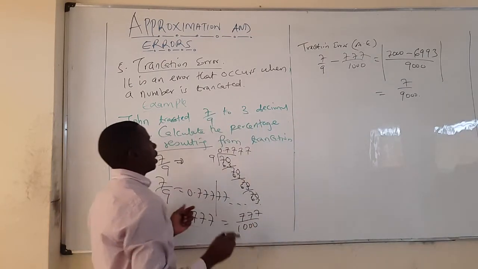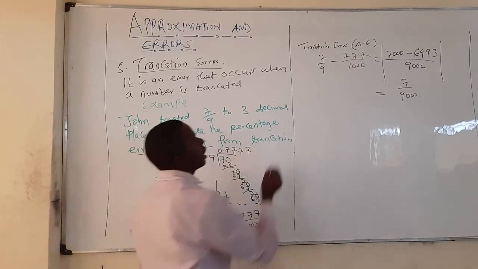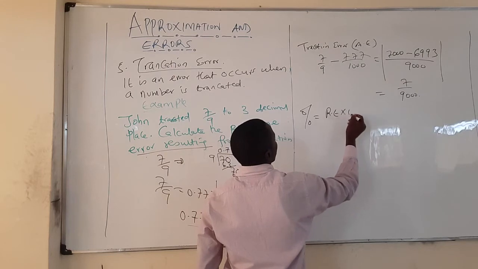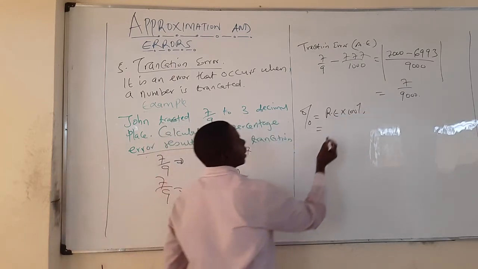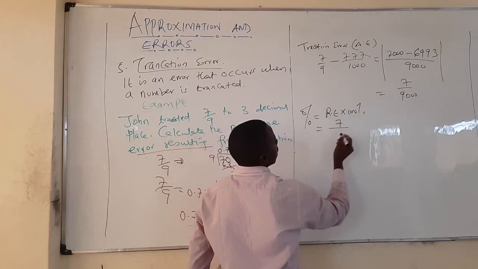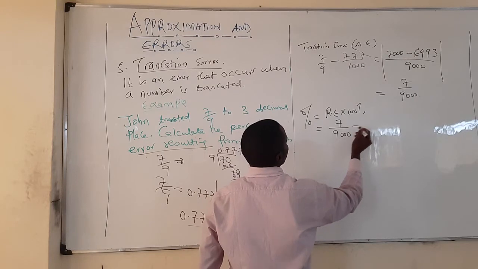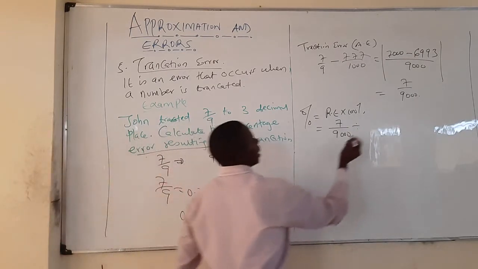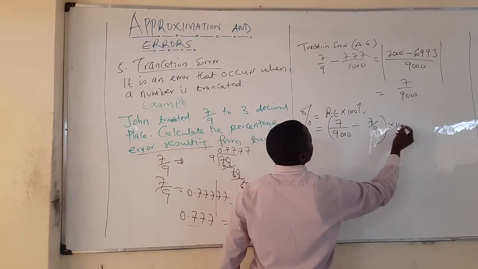But we are being asked to get the percentage error. So in this case, the percentage error will be the relative error times 100. And the relative error is given by the absolute error divided by the actual value, which was 7/9. And then this one is multiplied by 100.